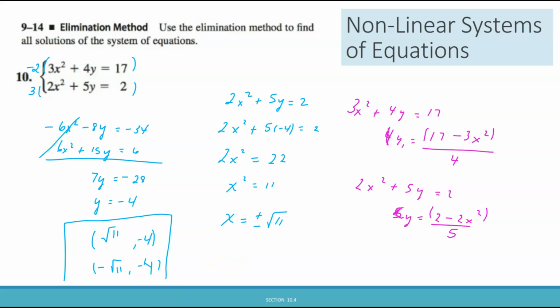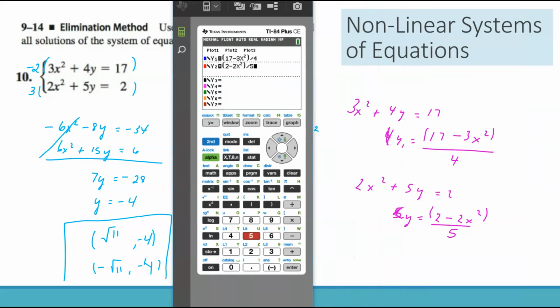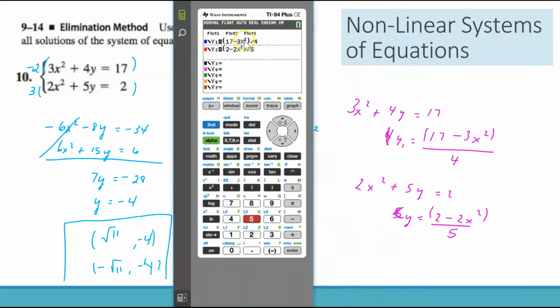That's what I want to put into the graphing calculator. We have 17 minus 3x squared all over 4, 2 minus 2x squared all over 5. We're going to do a zoom standard. After our zoom standard, we want to see where these two intersect.